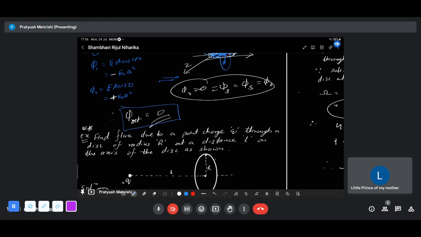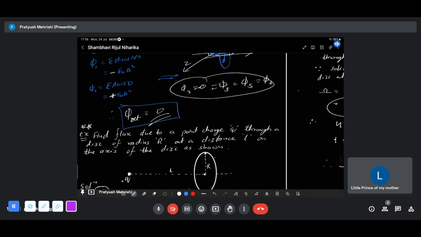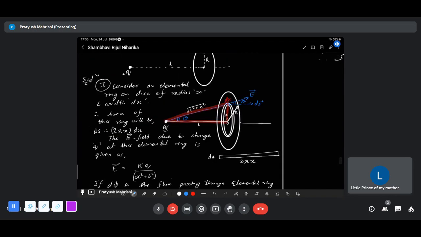See now, what is the flux? Hemant, what is the flux? For finding out flux, again we will consider an elemental part. Area of this elemental part will be 2 pi r into dx, because it is two-dimensional, so it must have an area.